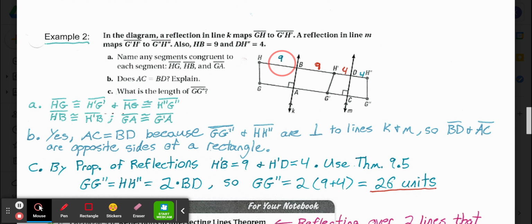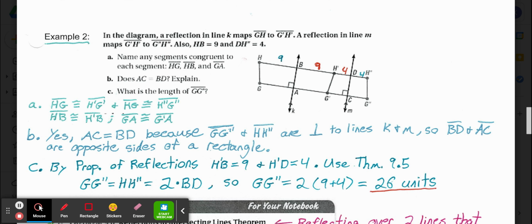So HB right here would also be congruent to segment H prime B, because if we reflect H over B, then H prime to B has to be the same distance. And then GA. So GA down here would be congruent to G prime A for that same reason. If we reflected G over line K here at point A, then G prime to A has to be the same distance.